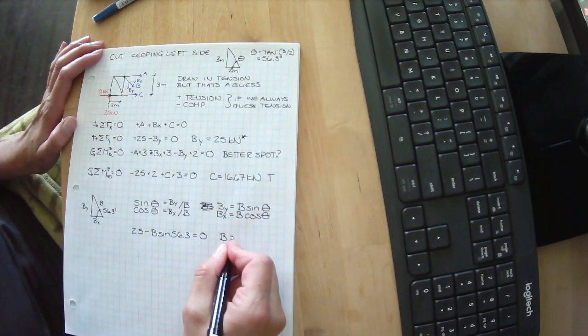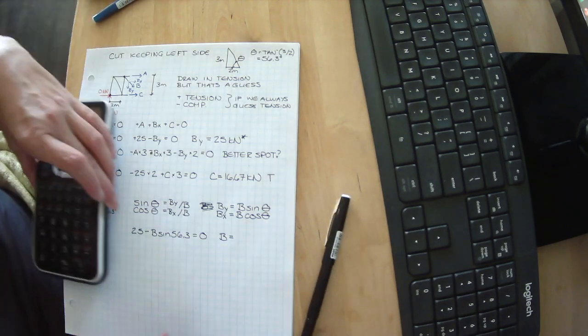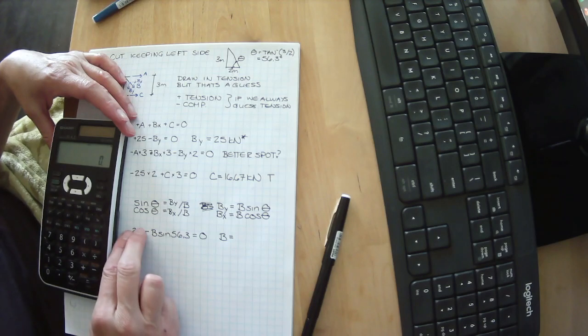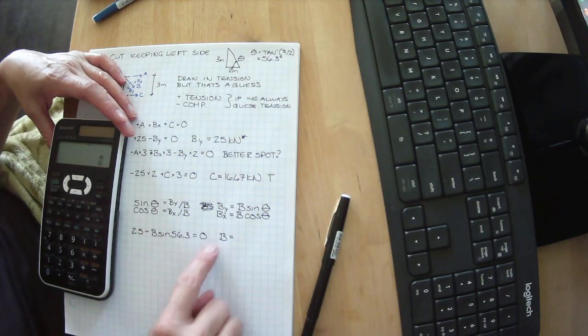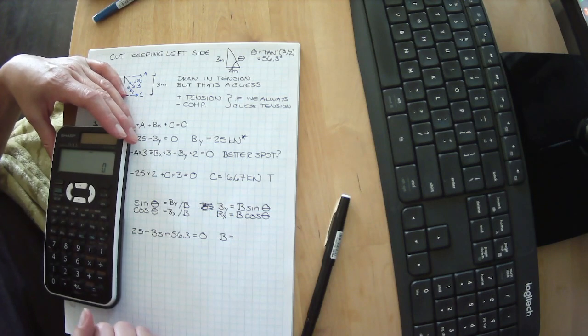Well, now I can directly solve for B. Let's see what we get if we solve for B now. We would take B sine 56.3 over to this side and make it positive, and then we could divide 25 by sine 56.3.